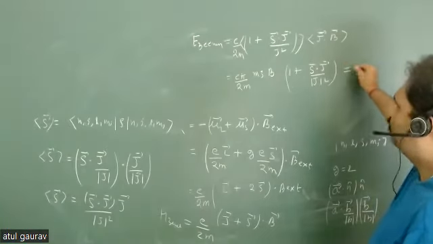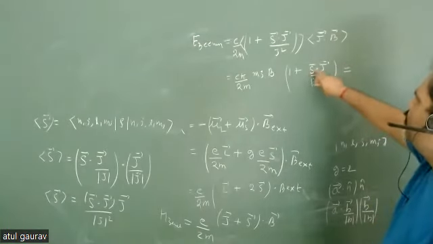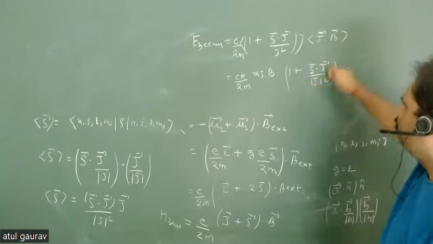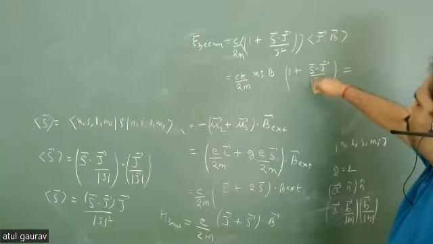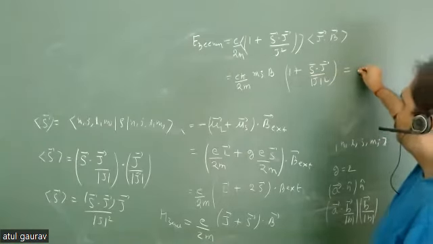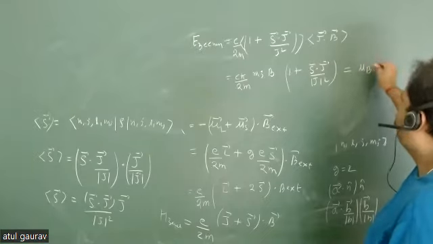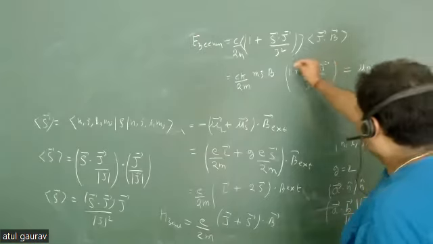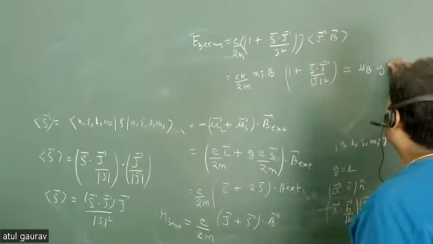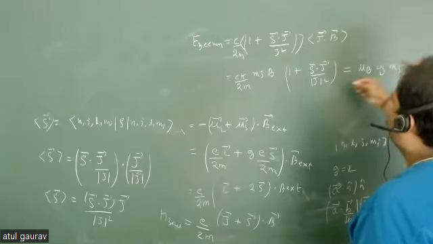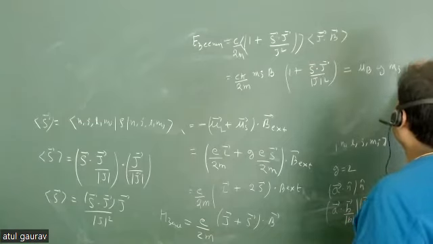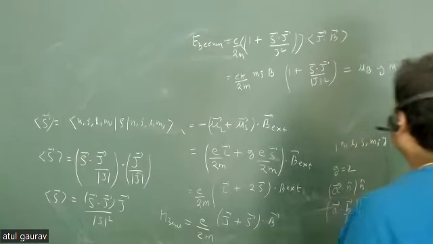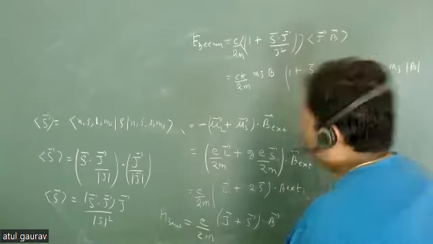Let's see now what happens. So this is just a number, a scalar. So this whole thing is mu B, the Bohr magneton, g is your Landé factor, mj, into the magnitude of B. And now what is the value of g?